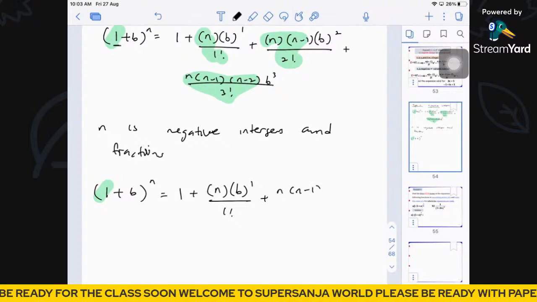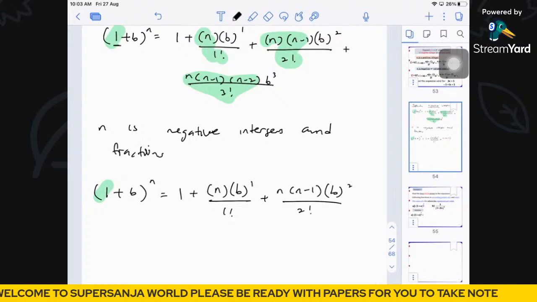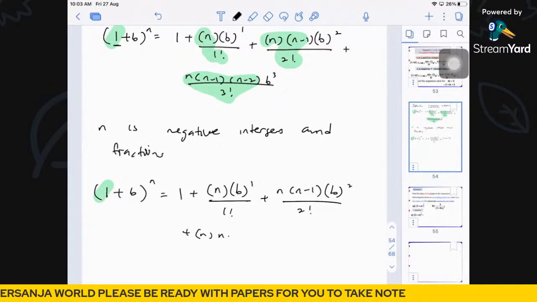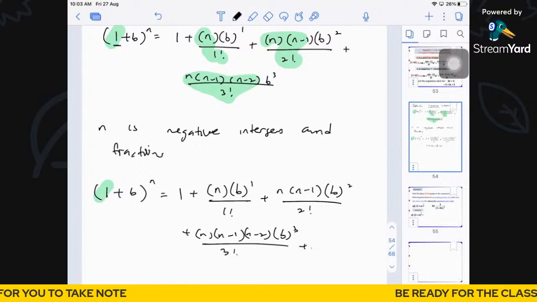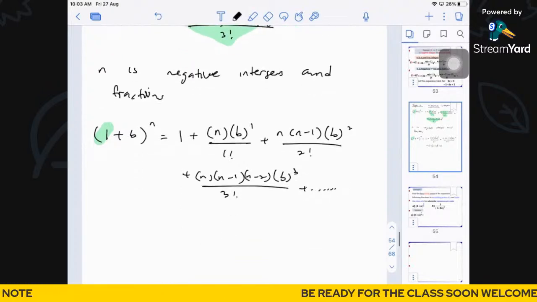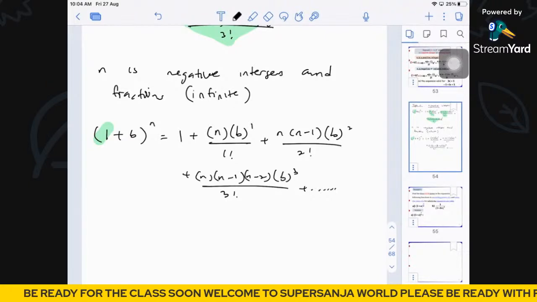plus n minus 1 b power of 2 over 2 factorial plus n minus 1 minus 2 b power of 3 over 3 factorial plus so on. And this is infinite. Why infinite? Because you cannot stop.